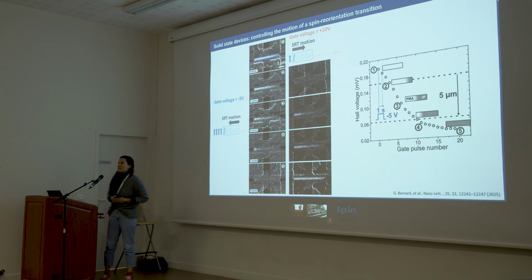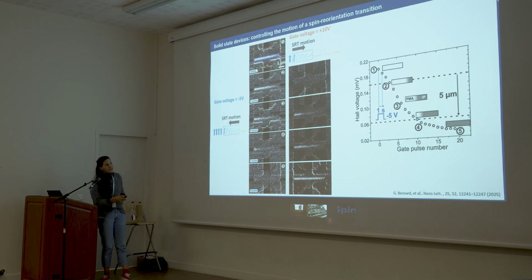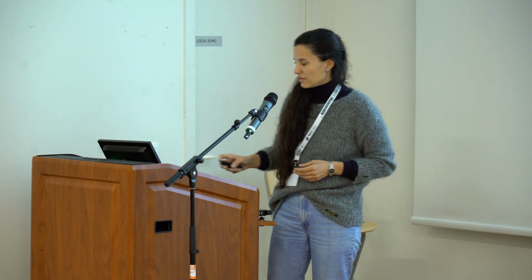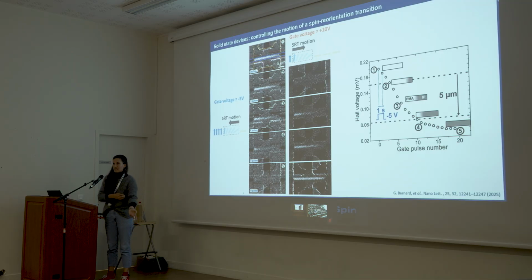So we finally understand that this electrical signal can be due to an object moving across the track and not necessarily to spins collectively moving.